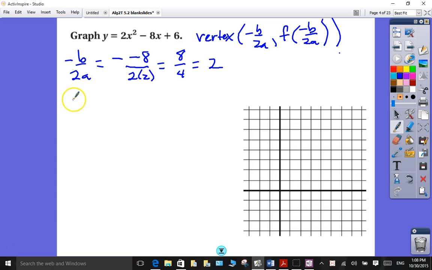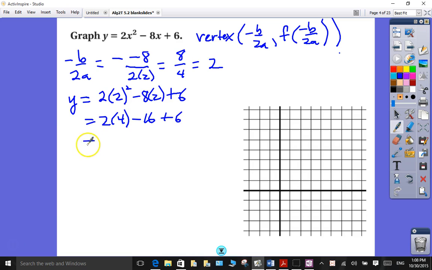So y equals 2 times 2 squared minus 8 times 2 plus 6, which is 2 times 4 minus 16 plus 6, which is 8 minus 10, which is negative 2. So the vertex we just calculated is (2, negative 2). So the first step, if you have to graph, is to calculate the vertex.